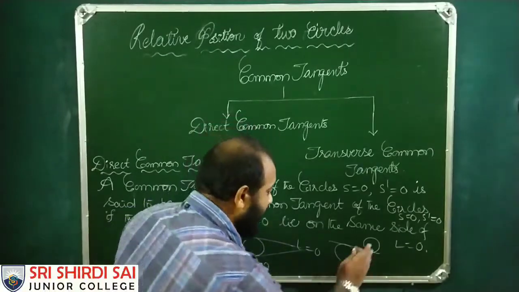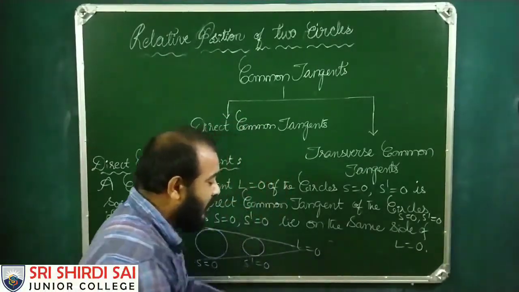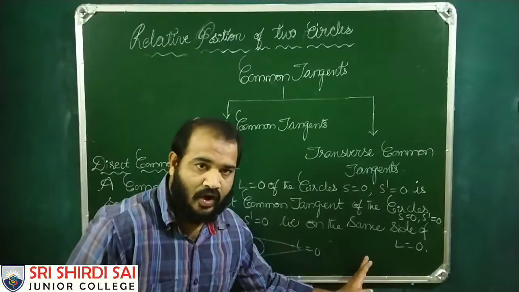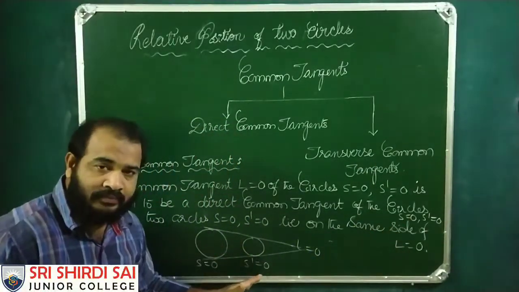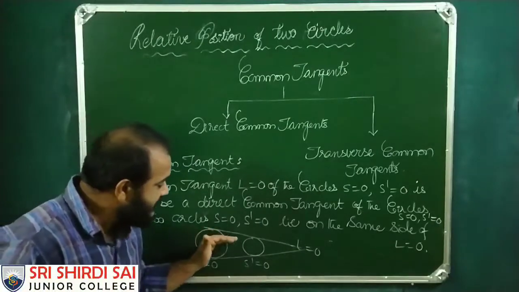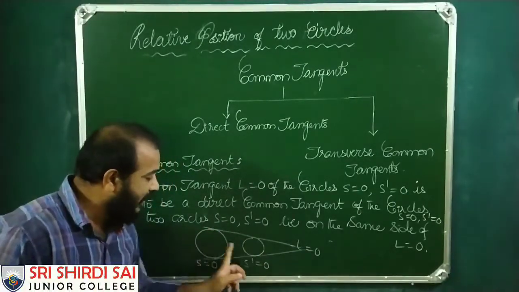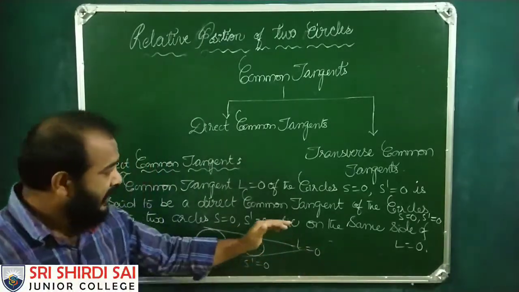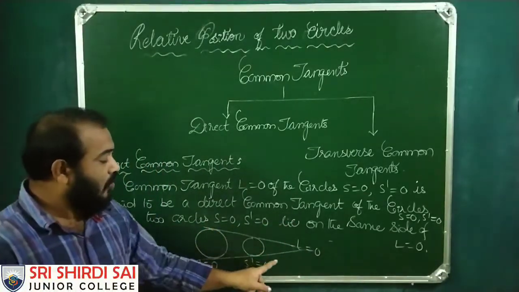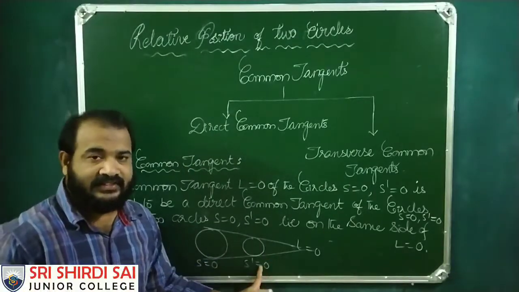But here it is not like this, on opposite sides. Both are lying on the same side. These two circles are lying on the same side of L equals 0. Then these tangents are called direct common tangents.